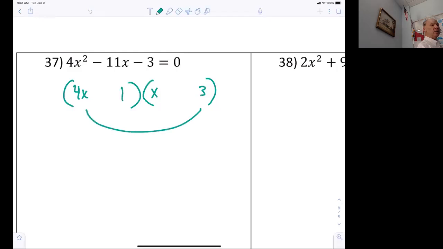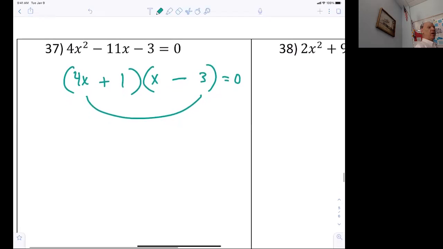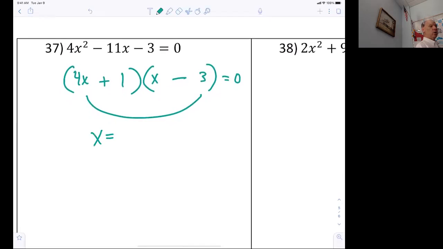So the 3 is negative and the 1 is positive. All right. And now from there, we just say x equals -1/4, comma, 3. All right, there you have it.